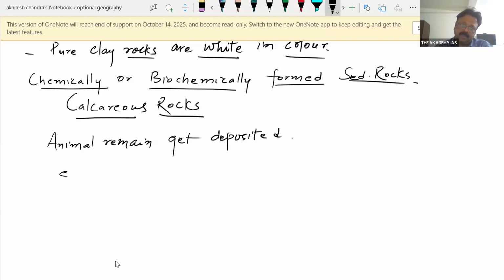For example, limestone. We have dolomite. Okay. And how are these limestones formed?